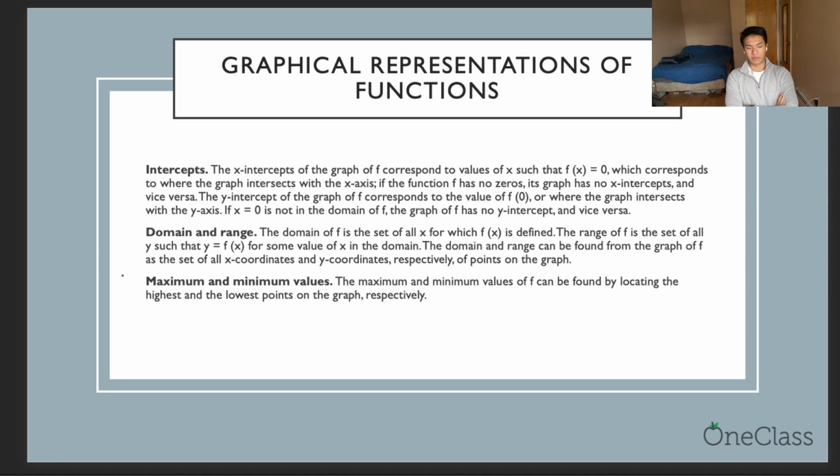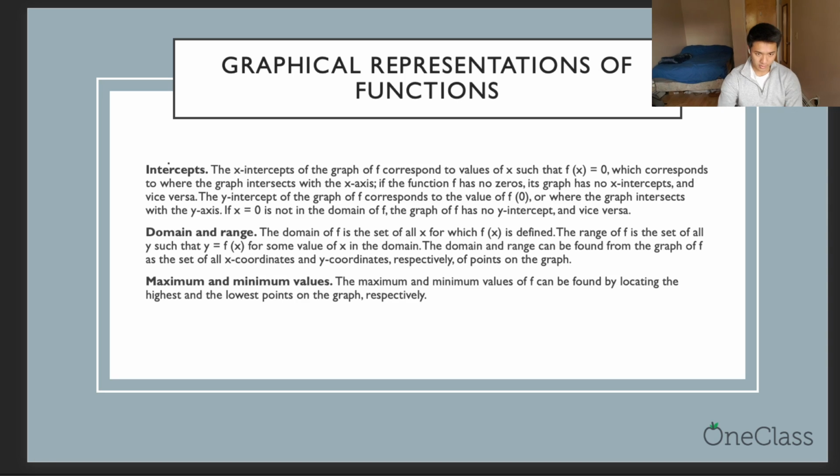So the x-intercept of a graph corresponds to the value of x such that f of x equals 0, or in other words, where y equals 0. And this is visually seen as the point where the graph intersects with the x-axis. If the function has no zeros, then that means it has no x-intercepts. And so that's going to be visualized as something like this, right?